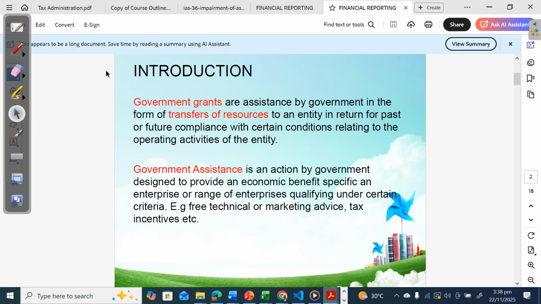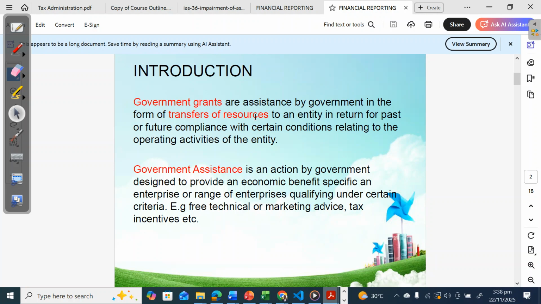So when we say government grants, they are a form of assistance by the government, in the form of transfer of resources. So the government transfers resources. It can be in the form of money, or it can be in any other form.